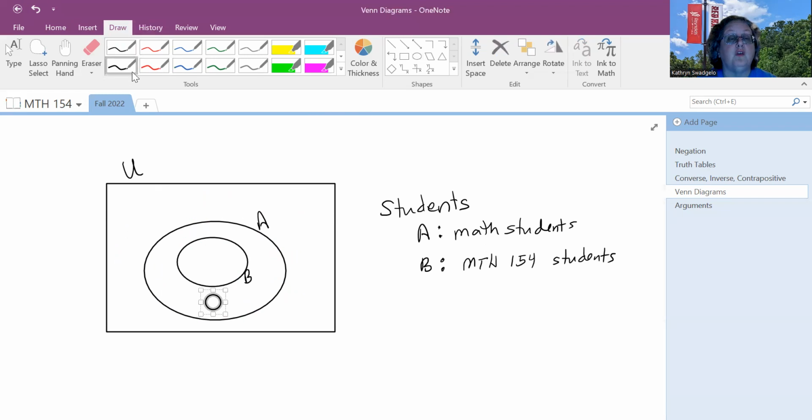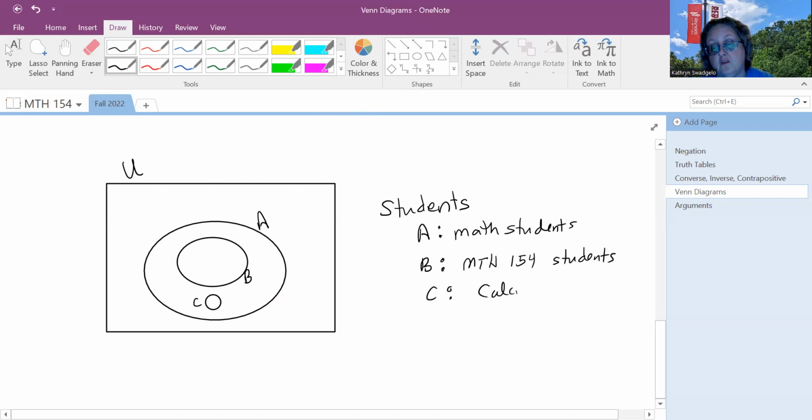Little group C over here, and we're making C smaller. C is calculus students. And notice there's no overlap because we don't have Math 154 students and calculus students at the same time. Now I'm not saying it never happened, but it really shouldn't. So those don't overlap. So one could be inside of another or not.